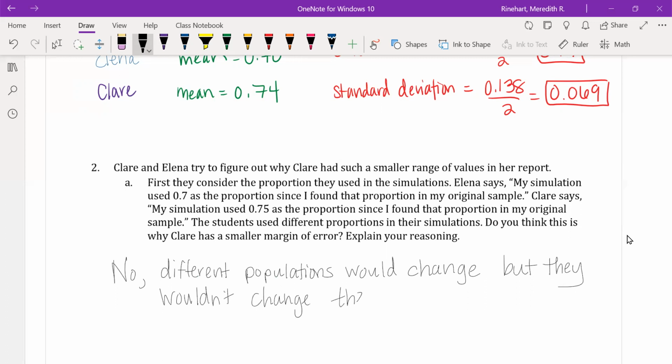The only thing that would change a margin of error would be increasing or decreasing the sample size. Let's go on to part B.